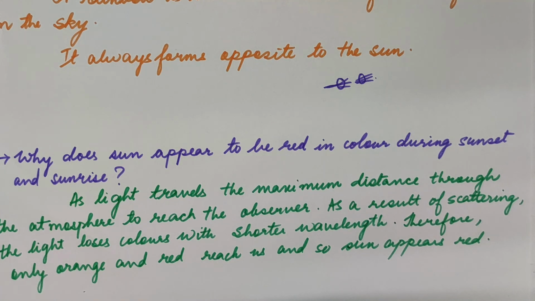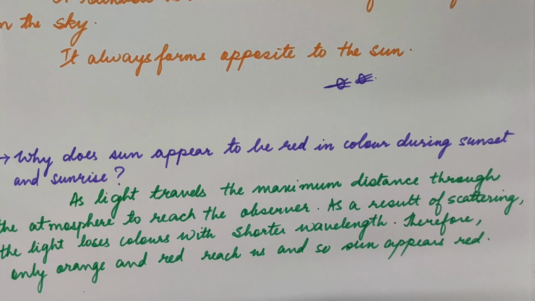So the light is losing the colors with shorter wavelength. Now you should know that shorter wavelengths are obviously the violet, indigo, blue and green colors, right? And therefore the colors that travel the farthest are orange and red, which reach our eyes, and so we feel that the sun is looking red.